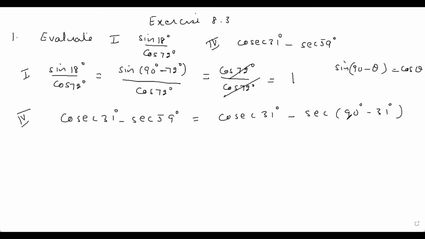So this is equal to cosec 31 degree minus sec 90 degree minus 31 degree. Sec 90 minus theta is cosec theta, so sec 90 minus 31 degree is cosec 31 degree. So cancel it, you will get 0. On the next page, I'll do the second sum.